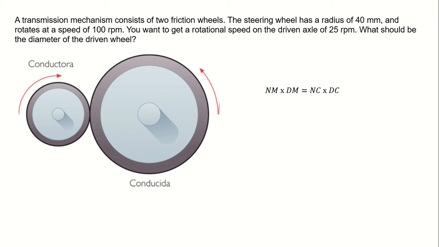And to resolve with the same formula, the speed of the driver multiplied by the diameter of the driver is the speed of the driven multiplied by the diameter of the driven. 100 multiplied by 40 is 25 multiplied by the diameter of the driven. The result is that the diameter is 160 millimeters.